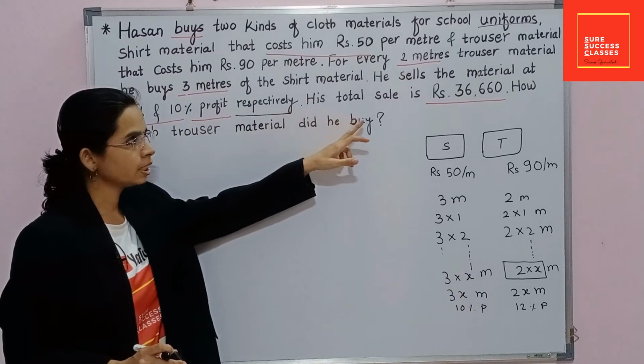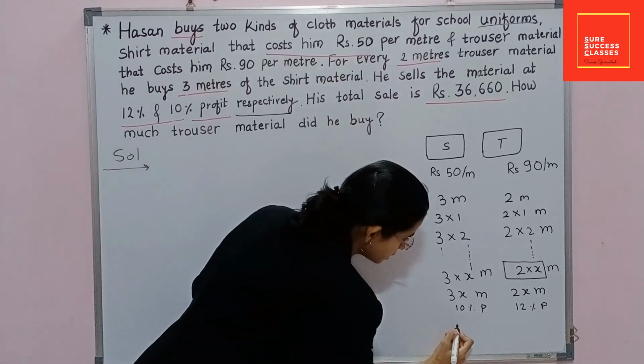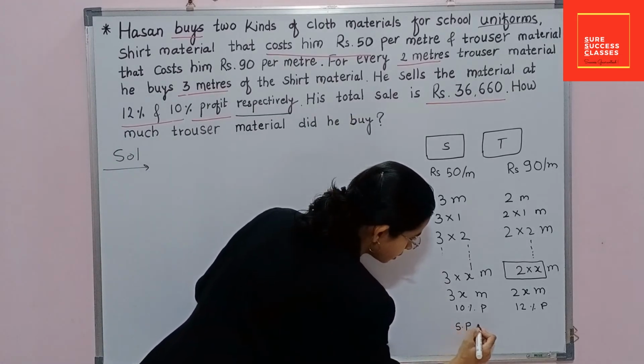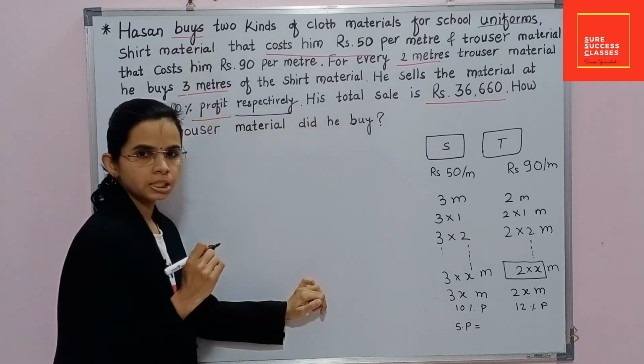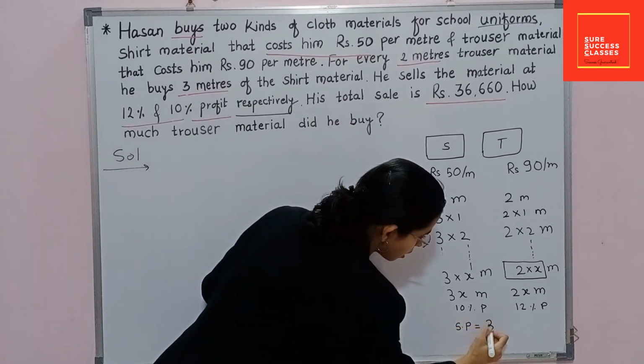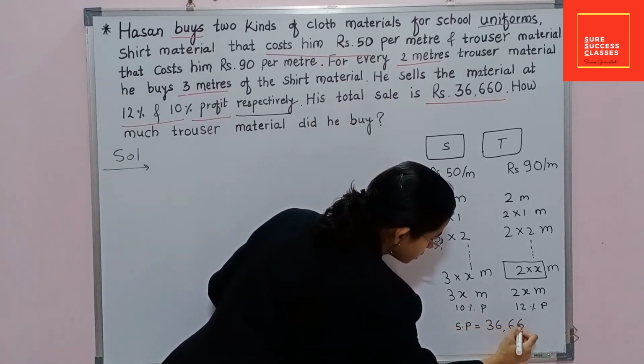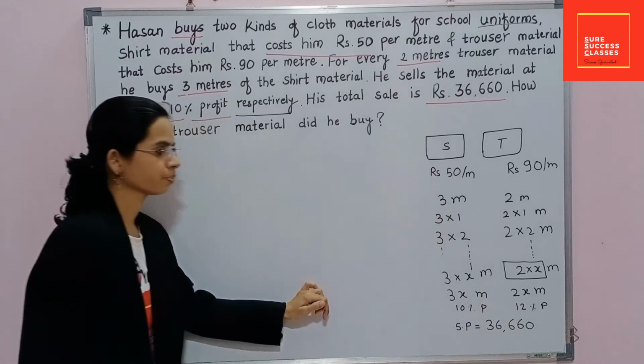His total sale is rupees, meaning selling price, is equal to 36,660 rupees.